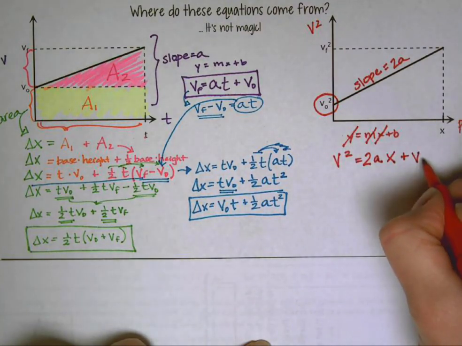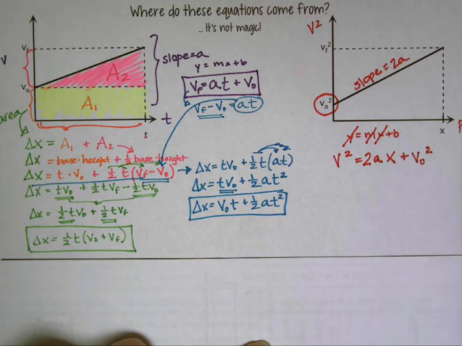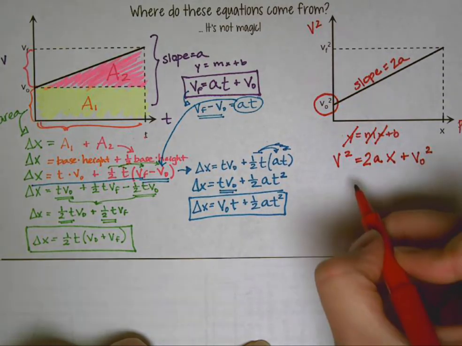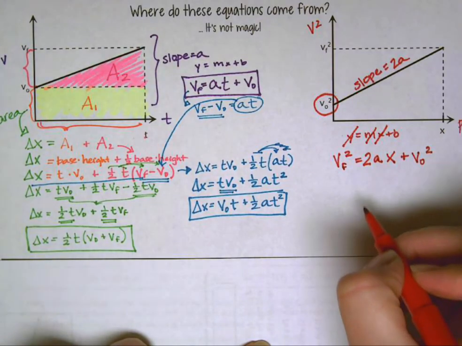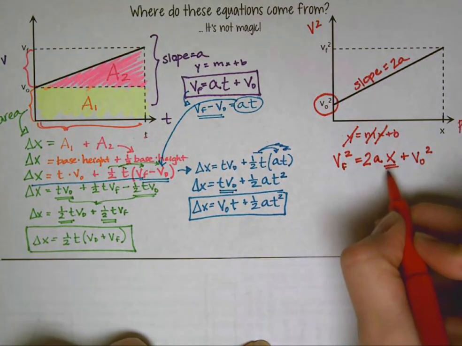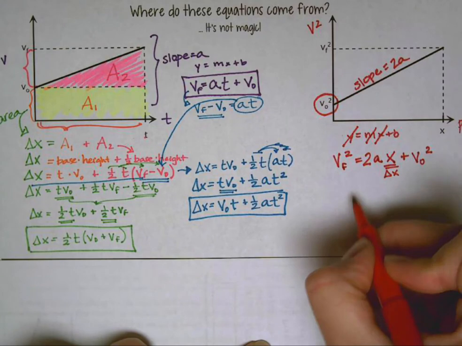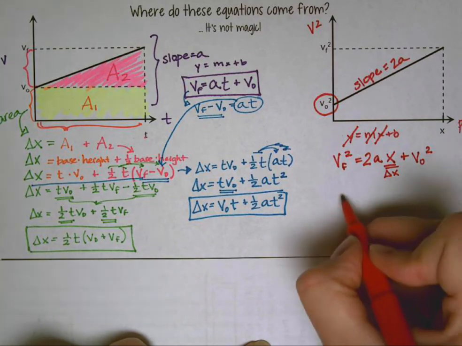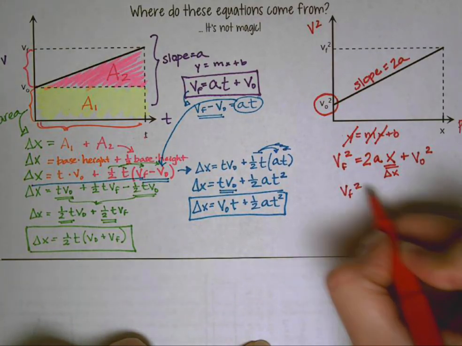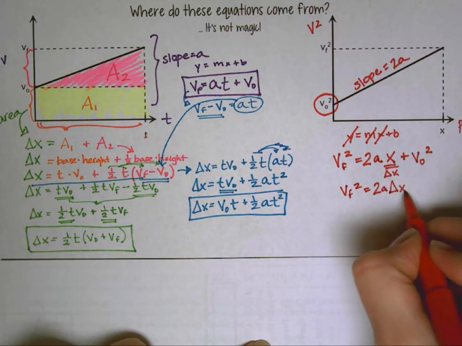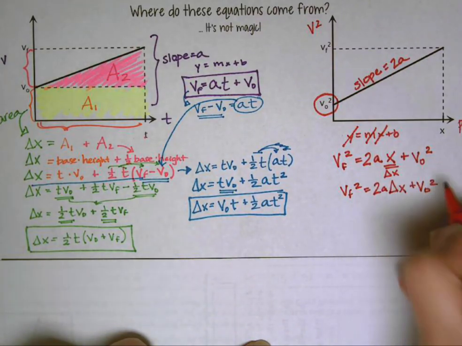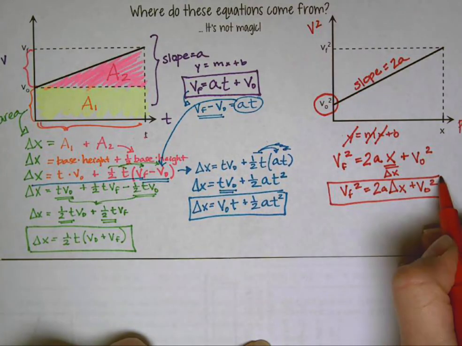So v naught squared. For form, we usually do talk about this final velocity instead of just velocity. And x is usually written as delta x to talk about displacement, not just a specific position. So vf squared equals 2a delta x plus v naught squared. That's the last equation.